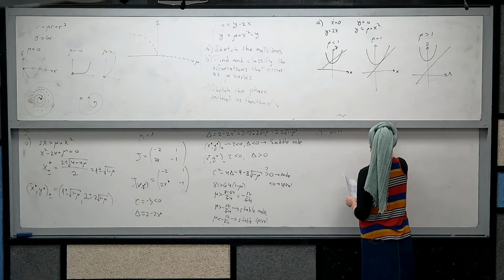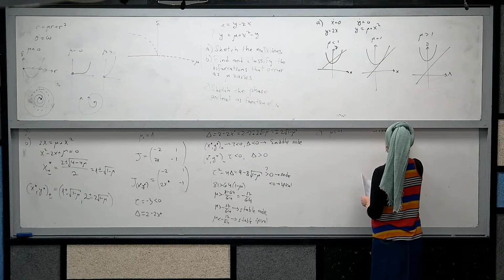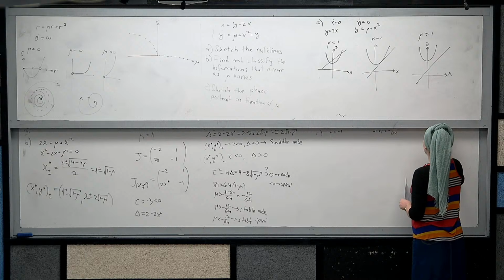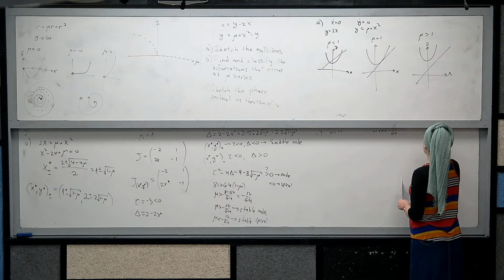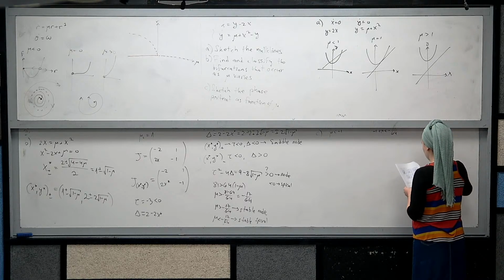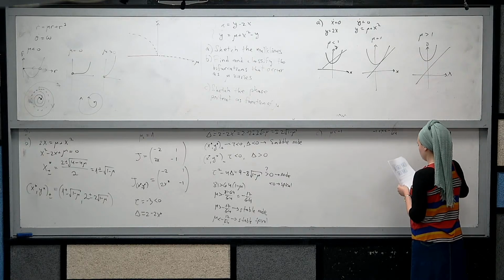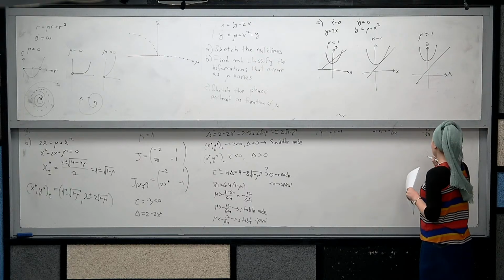Then mu between minus 1 to minus 17 over 64. Then mu between minus 17 over 64 to plus 1. Wait.